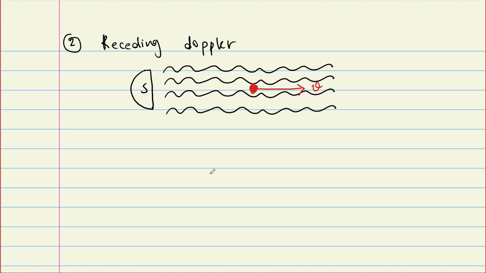So what we need to do is consider two wavefronts. So let me consider a wavefront like this. And I want to call this point A and this point B. And observer is here, observer.